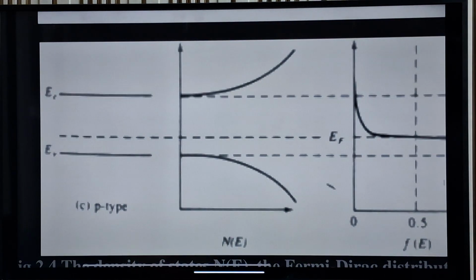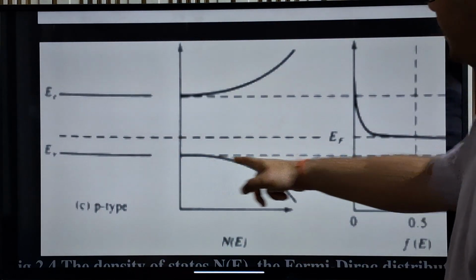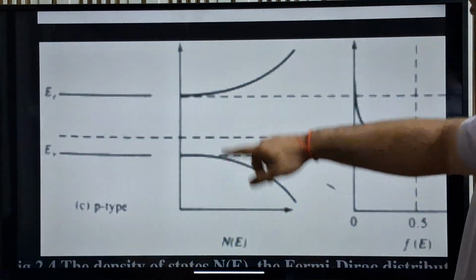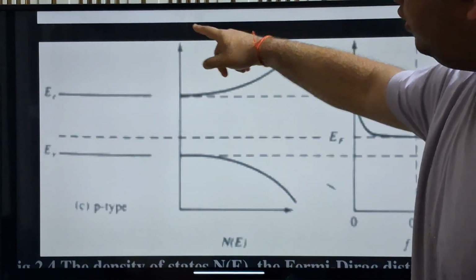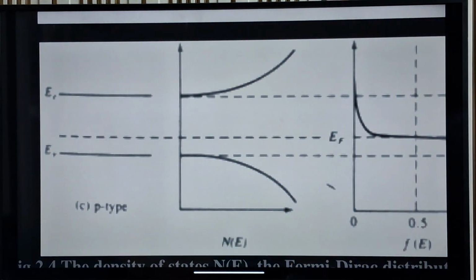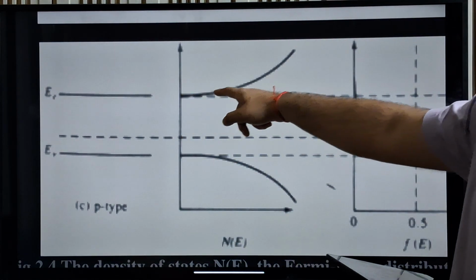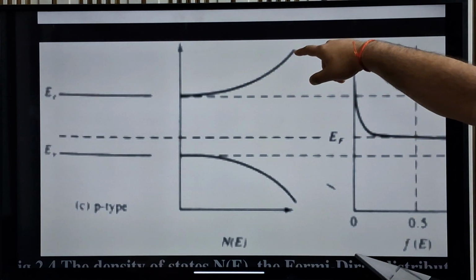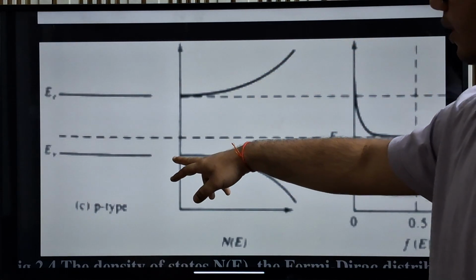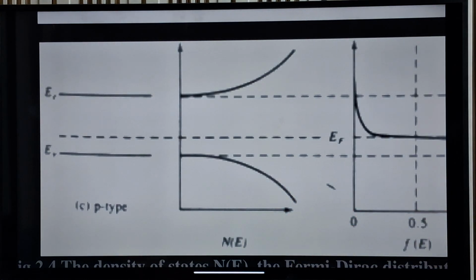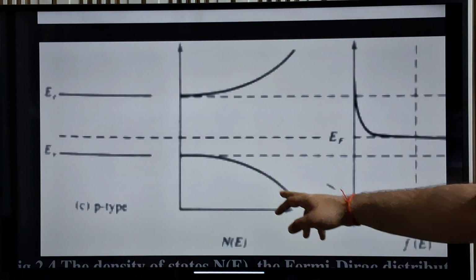Now we see that this side is increasing Ne and this side is decreasing Ne, and this side is increasing energy, this side is decreasing energy. So in the conduction band, as the energy increases, the number of available states also increases. And in the valence band, as the energy decreases, the number of energy states also increases.